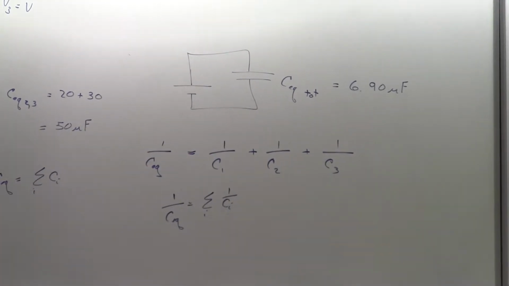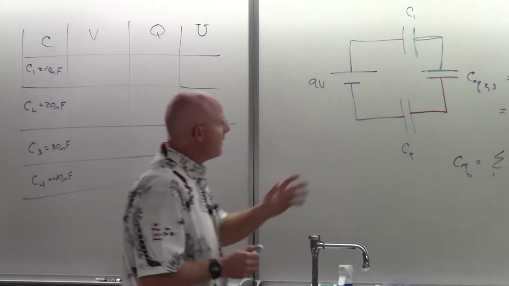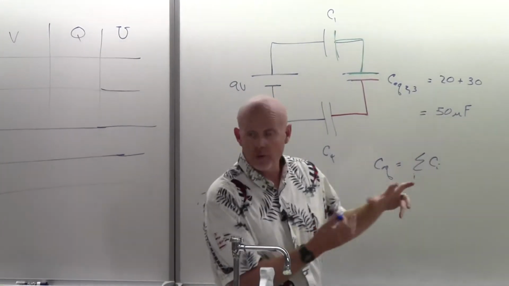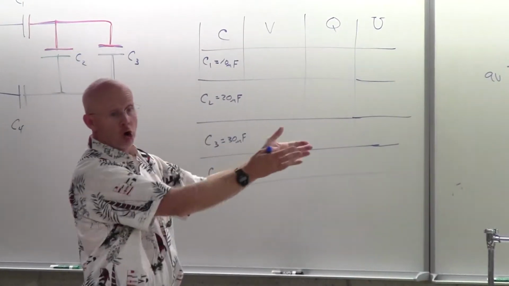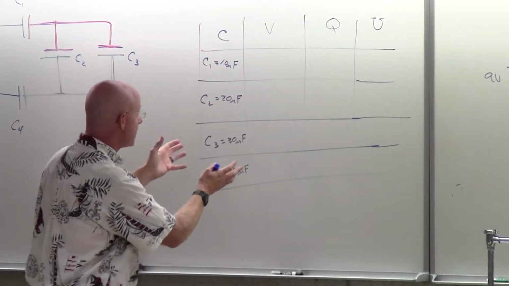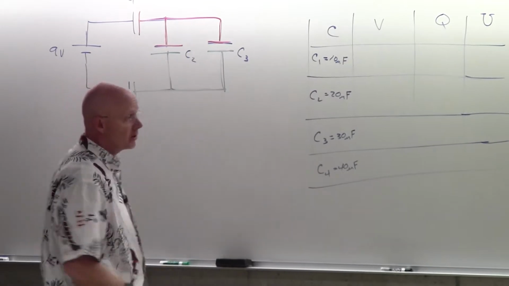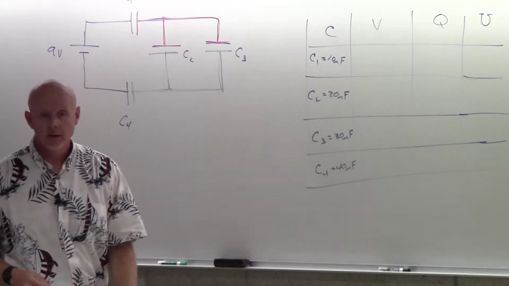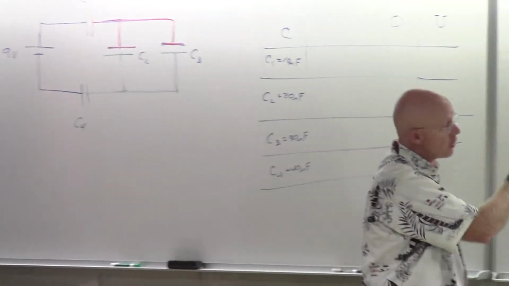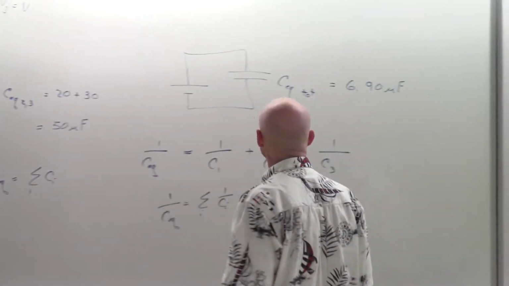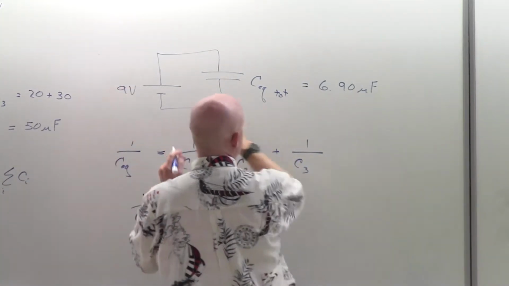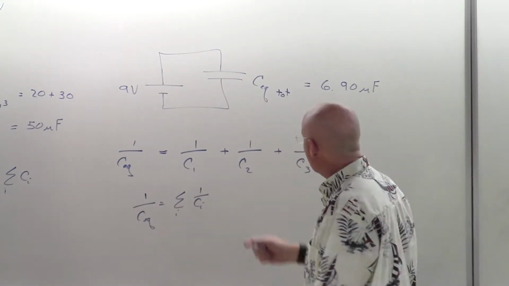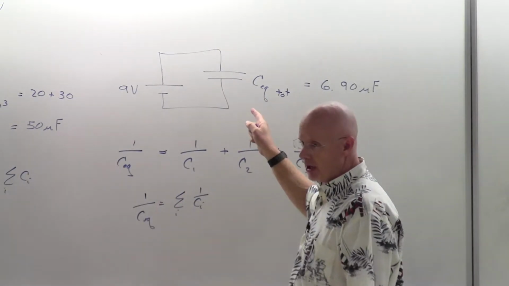And again, just to emphasize, these circuits, of course, aren't the real circuit. This is. But those can help me get the answer to the real circuit fairly quickly. All right, here's why. Let's look at this overall equivalent circuit. If you were looking at just this circuit and this was 9 volts and the equivalent capacitance is 6.9, couldn't you tell me right away how much charge goes on to that one?